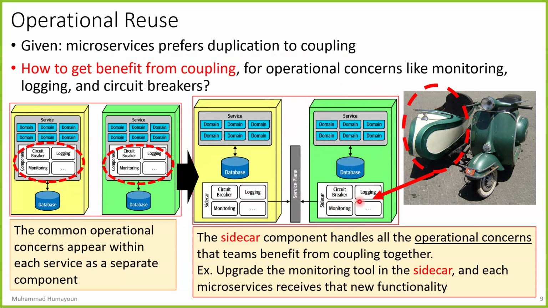It is only about operations, like monitoring, showing you how your service is doing, logging the mistakes and whatever transactions happen, and shutting it down, starting, restarting, and that kind of thing. So you can utilize the sidecar pattern. Now you will upgrade it here and it will be upgraded in all those services. So this is called the sidecar pattern, and it is usually used in microservices architecture.